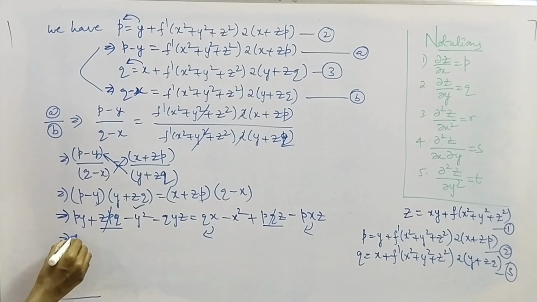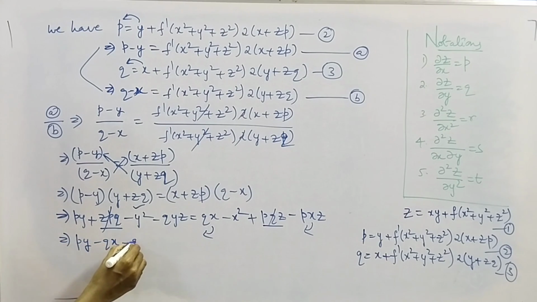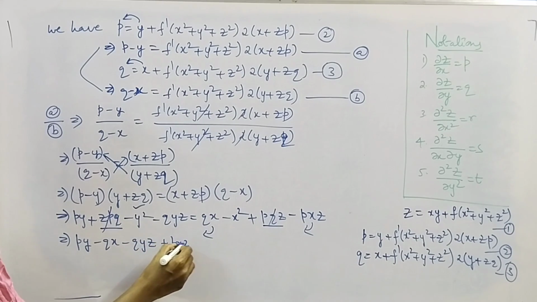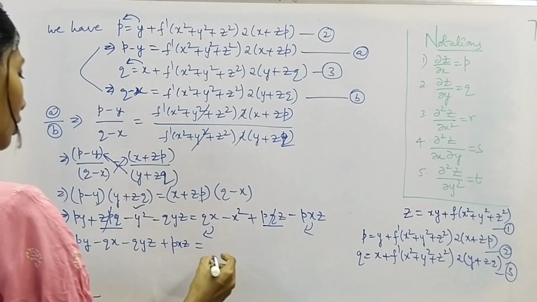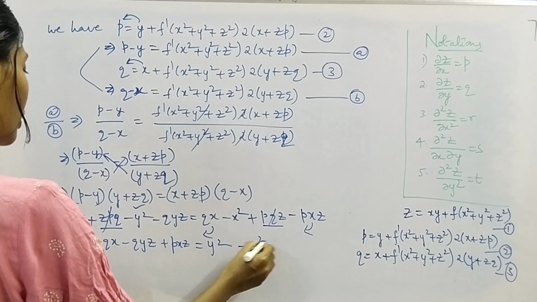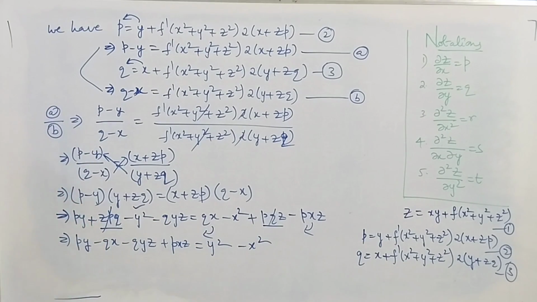Then you'll get py minus qx minus qyz plus pxz equal to y square minus x square, right?